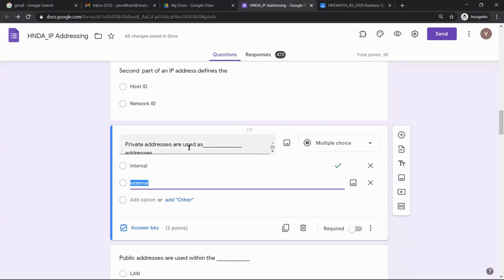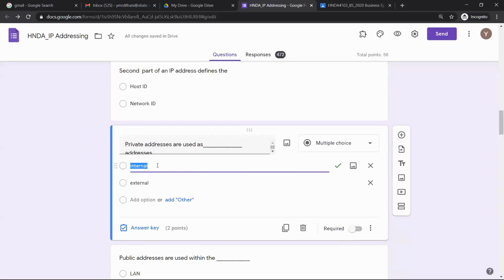So private addresses are used as internal addresses, not external addresses, right? External means outside your network. Internal means inside your network. When it is internal, it is private. When it is external, it is public. Internal means your internal network. External means when you access internet, right? Remember those two.